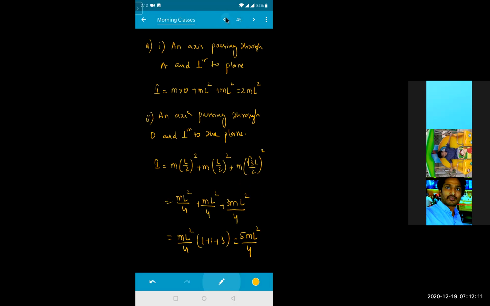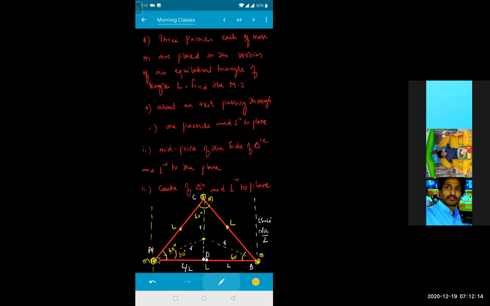In an equilateral triangle, the distance from the centroid to any one vertex will always be L/√3.